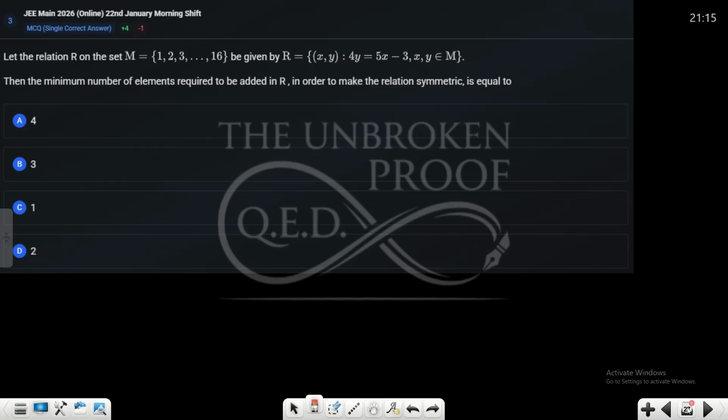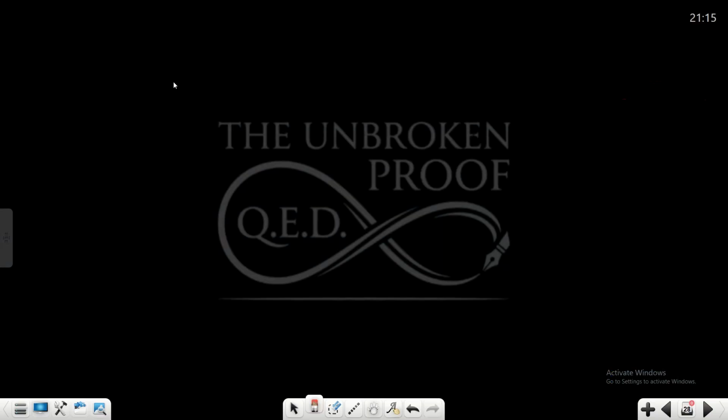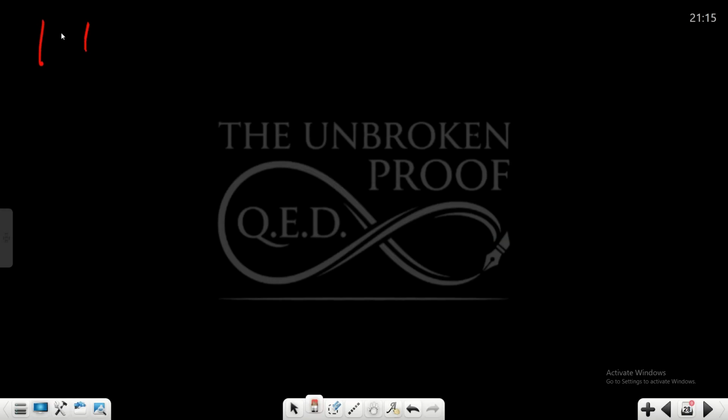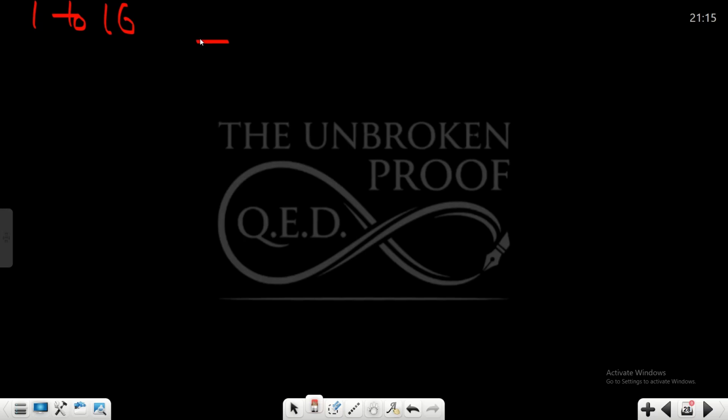Okay, now let us construct the relation. Now the set is from 1 to 16, and the equation given is 4y is equal to 5x minus 3.